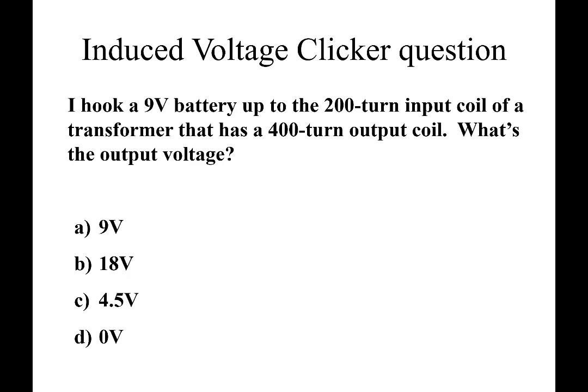Now go ahead and think about it. Pause the video for now and go to the Long Kappa topic 3G lecture folder and open the induced voltage clicker item and answer the question.